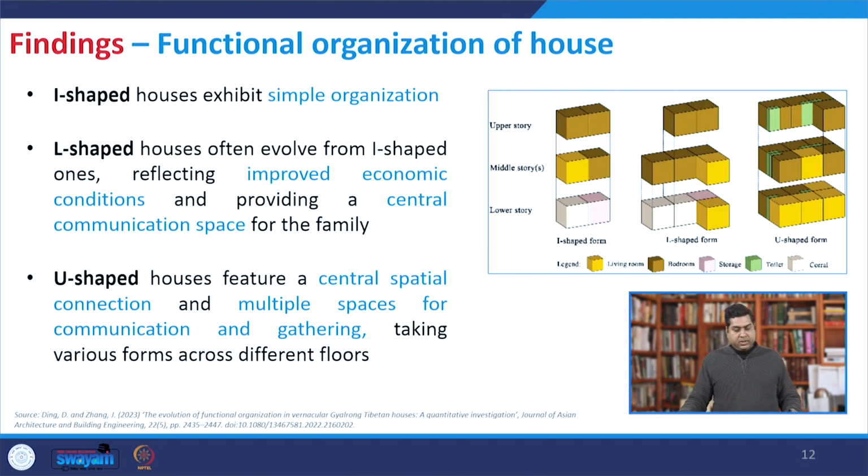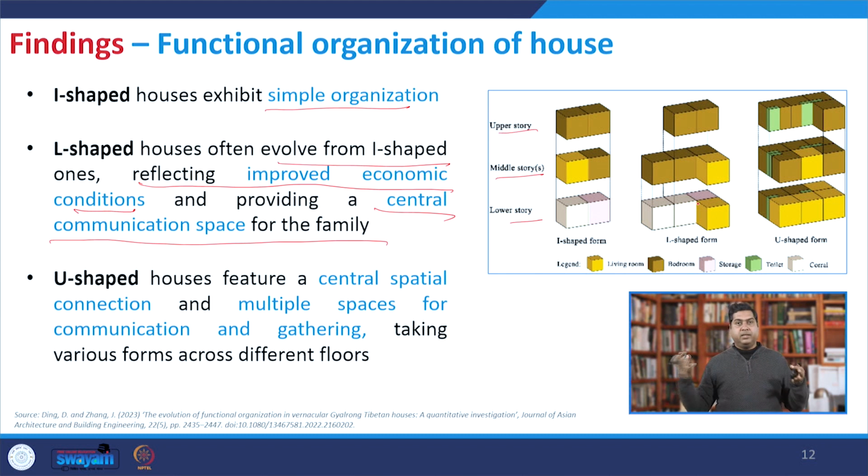Now, I-shaped houses exhibit simple organization. You can see that typically the lower story, middle story and upper story have certain blocks. L-shaped houses often evolve from I-shaped ones, reflecting improved economic condition and providing a central communication space for the family. So it evolved from the I shape, and then some additional block was added to create this L shape.